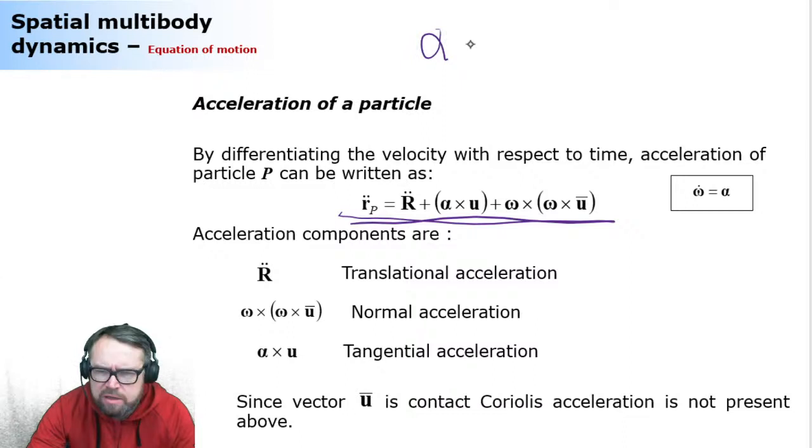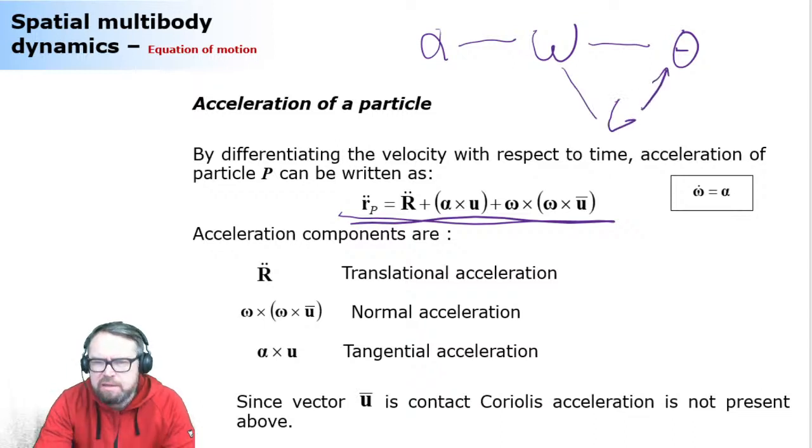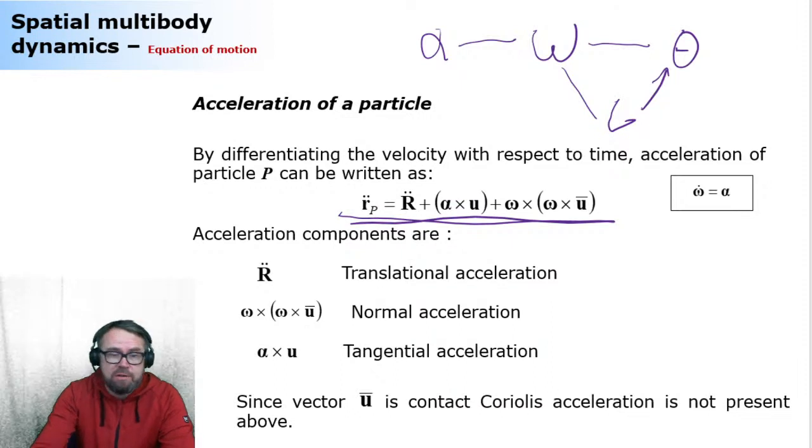You can go from angular acceleration to angular velocities. But from angular velocity, you cannot come to T with ease. So you have to travel this way by G. That's where it comes from. And otherwise, it's not going to just work out.